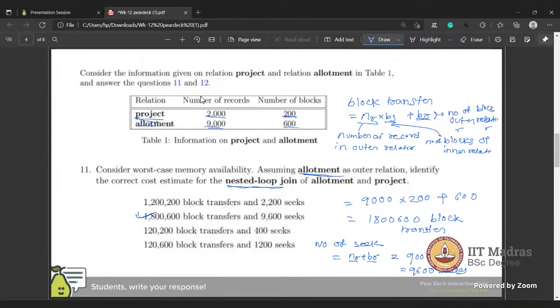And how does this formula come? The number of block transfers is equal to NR into BS plus BR. Okay, we'll discuss the next question.